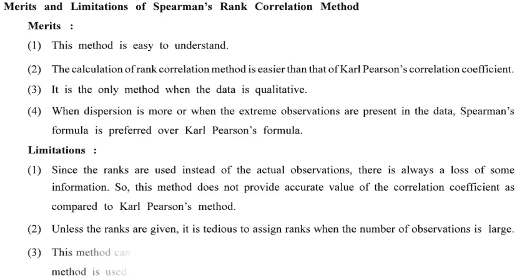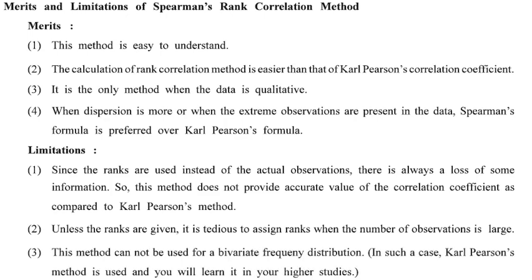It's a long method, and this cannot be used for bivariate frequency distribution. Karl Pearson's method is used, and you will learn it in your higher study. The bivariate frequency distributions are there. In the future, you will see it. For that, Karl Pearson is the only option. You can't use rank correlation coefficient for that.